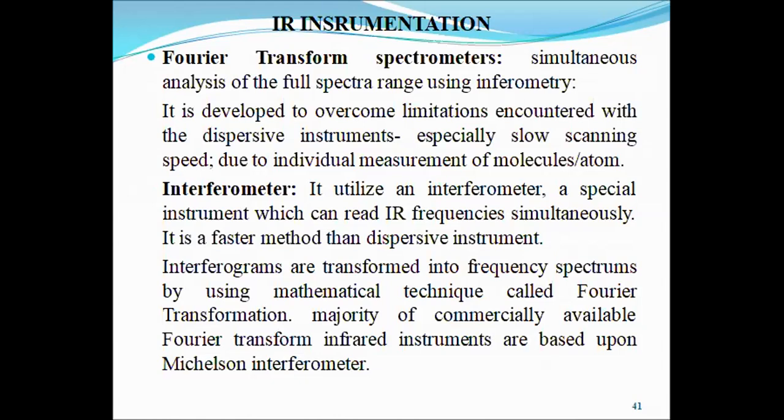FTIR utilizes an interferometer, which is a special instrument that can read IR frequencies simultaneously, so it is a faster method than the dispersive instrument. The majority of commercially available FTIR instruments are based upon the Michelson interferometer.